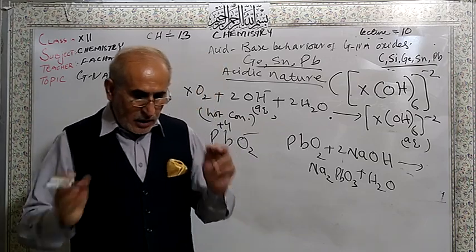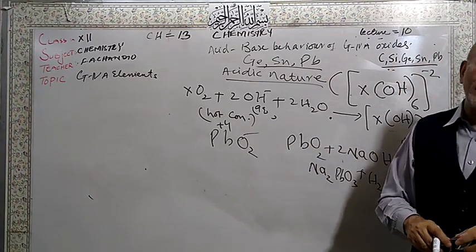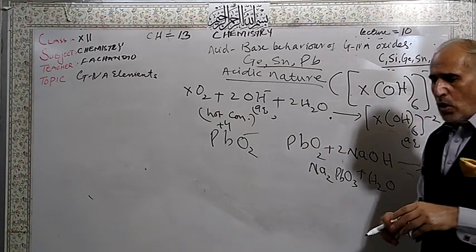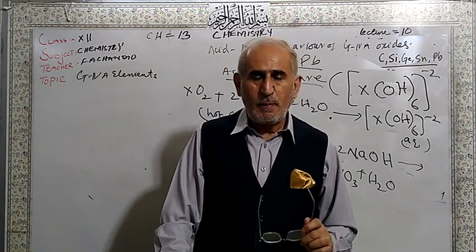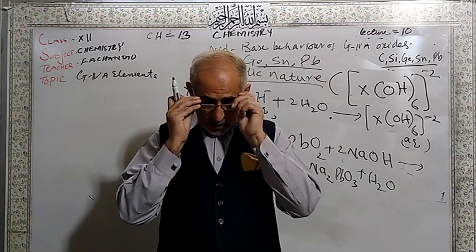So these are the acidic and basic natures of the group 4 elements, monoxides and dioxides. Different conditions are given, and according to different conditions, their chemical reactions are also different.